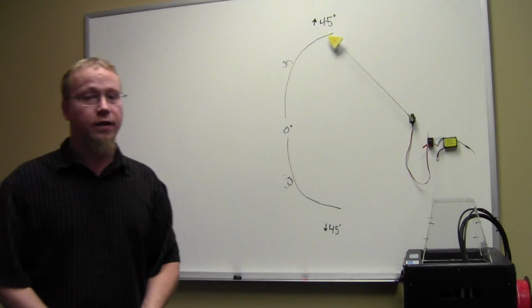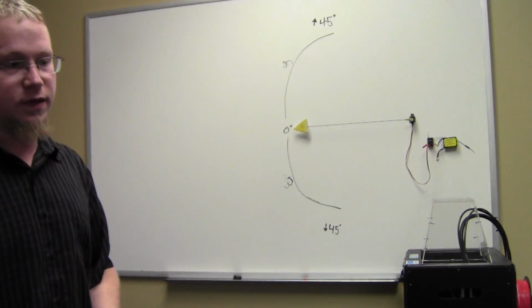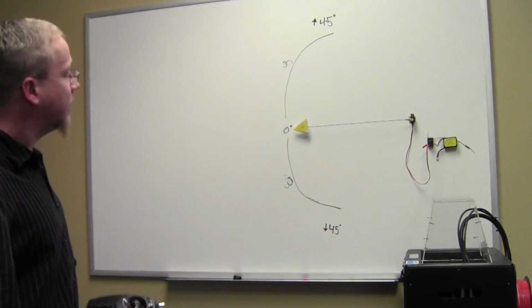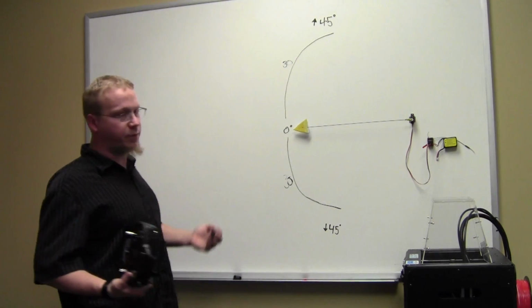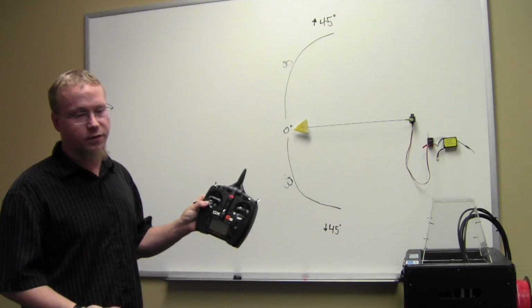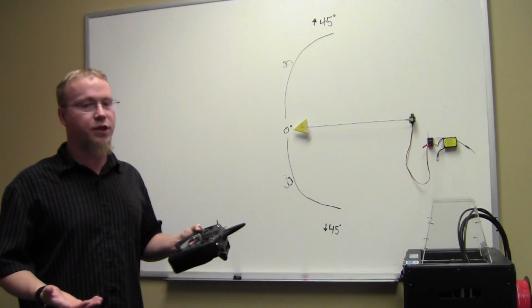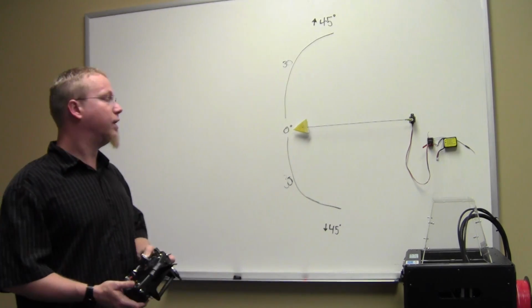So now that you might understand travels a little bit better, and this is full travel, let's understand what a dual rate is. A dual rate is a type of flight mode. A flight mode can be a mode or a switch position on your transmitter that changes the flight characteristics of the airplane or aircraft.